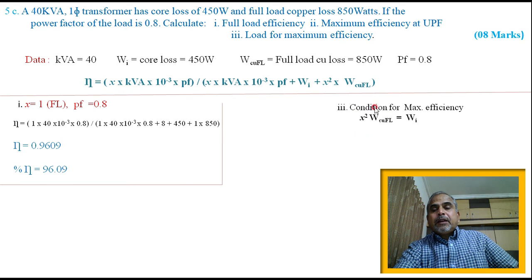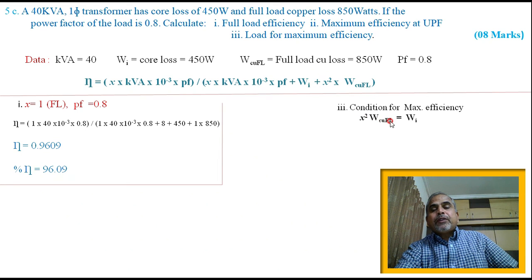The condition for maximum efficiency is x squared times the copper loss at full load equals the iron loss. I am adding x squared because I am taking copper loss at full load. That is, x squared times the copper loss at full load must be equal to the iron loss at that particular instant when maximum efficiency occurs. Then what is the value of x?